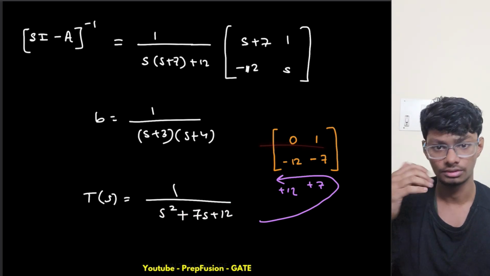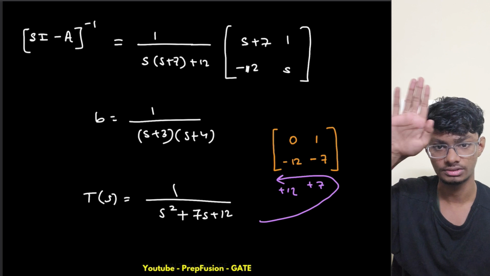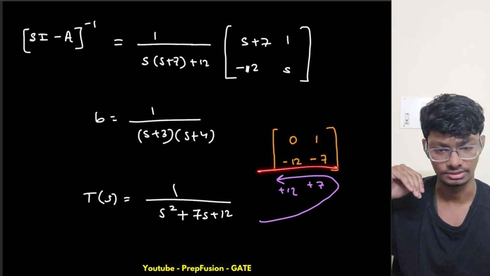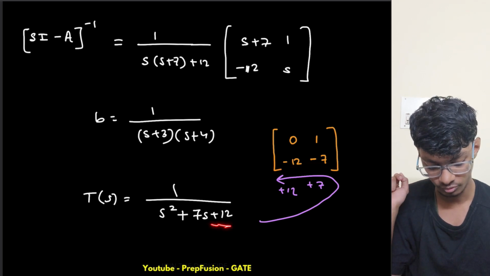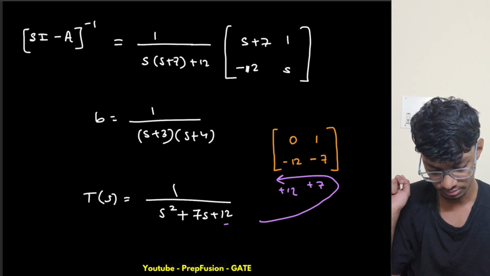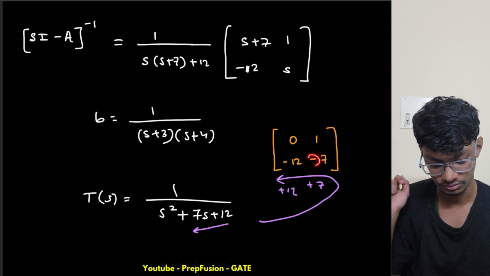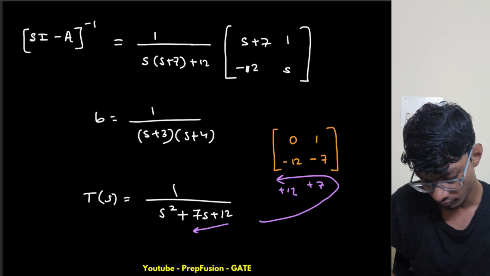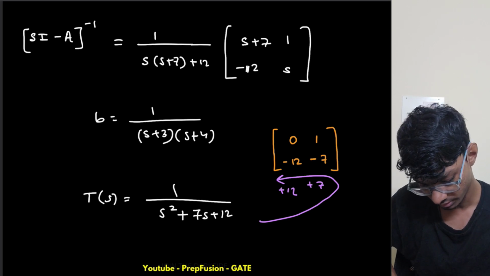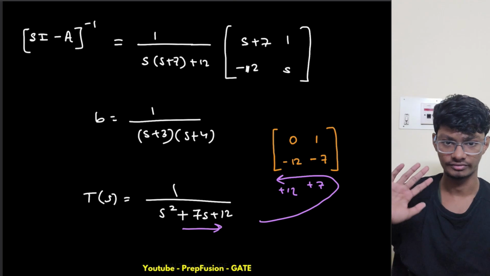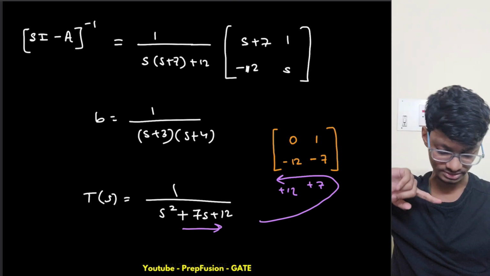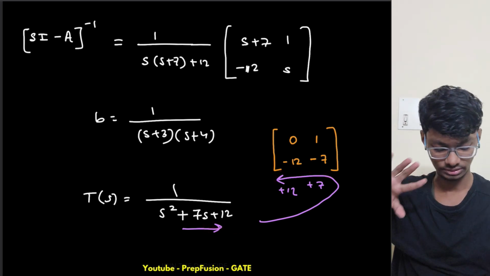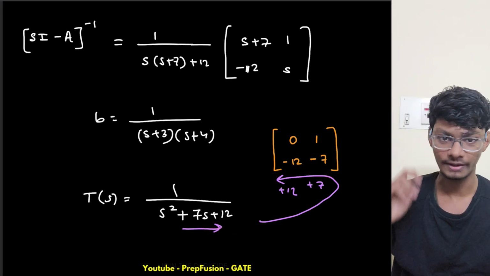If my first row of the A matrix, let's say, is 0 1 0 for 3 cross 3, then the second row is 0 0 1, okay, and the third row is like this, then each coefficient will move on like this, and we'll change the sign also. So you can move like this, or you can say you are moving like this, whatever you find suitable. If you move like this, then you have to go like this from here, and if you move like this, you have to go from here, right? So choose what suits you, okay.